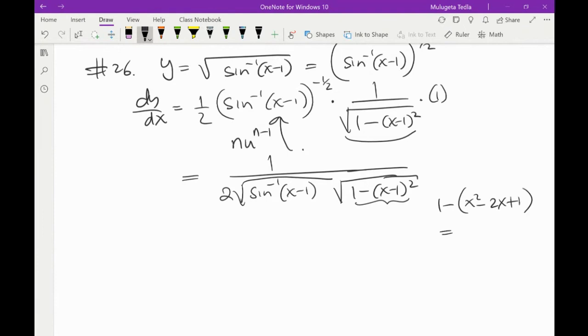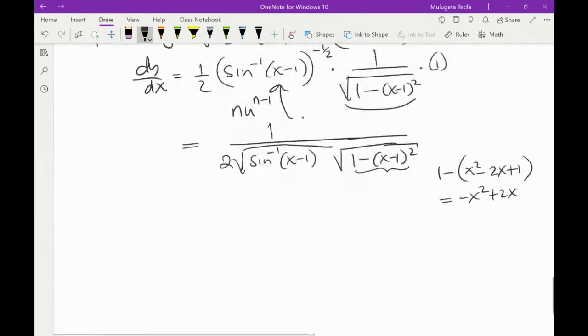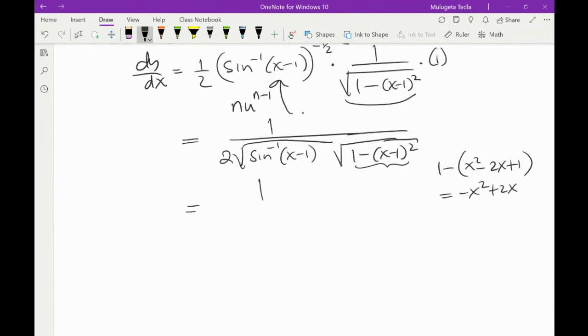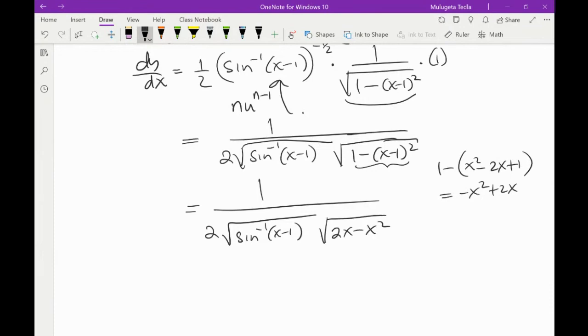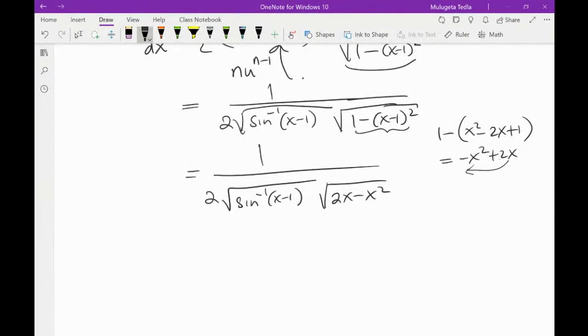So this is 1 minus 1 is 0, minus x squared plus 2x. So you could say 1 over 2 root of sine inverse of (x minus 1), times the square root of 2x minus x squared. Because if you FOIL the (x minus 1) squared, you will get this one.